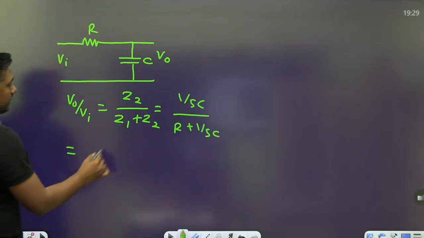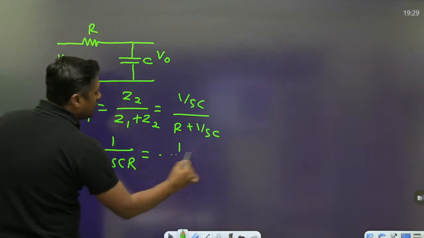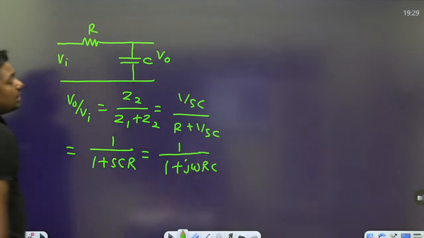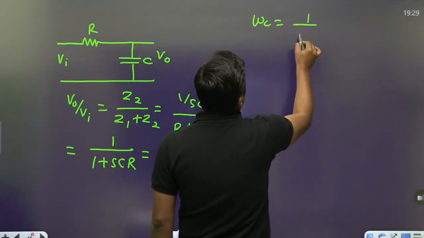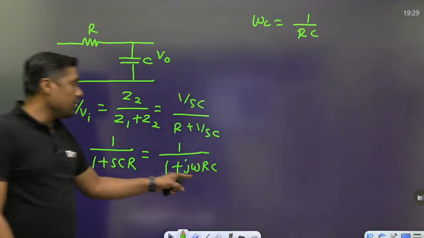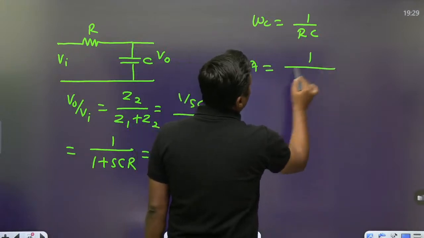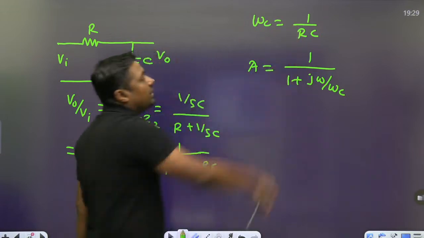Then it will become 1 upon 1 plus SCR. What is S? 1 upon 1 plus j omega RC. Now take omega C, the cutoff frequency, equal to 1 by RC. You can replace RC by 1 by omega C. So what is the standard formula? Gain will become 1 upon 1 plus j omega by omega C, where omega C is 1 by RC.